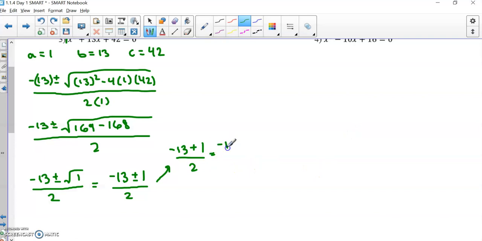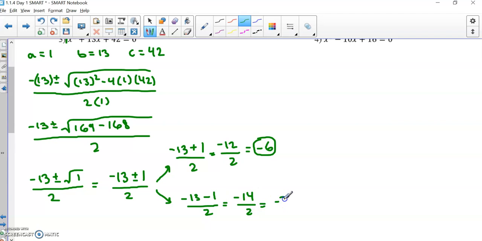That's going to give us a negative 12 over 2, which equals negative 6. That's answer number 1. And then we would break it into the other answer, negative 13 minus 1 over 2. That's going to give us negative 14 over 2 for a final answer of negative 7.